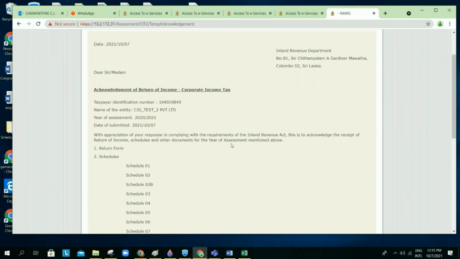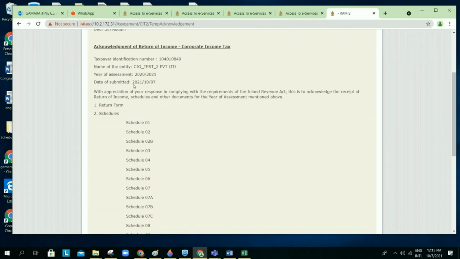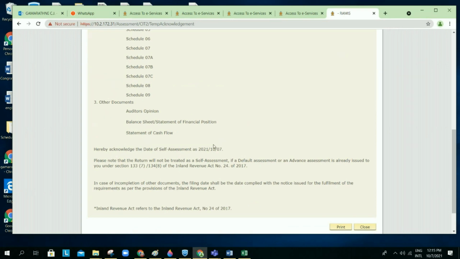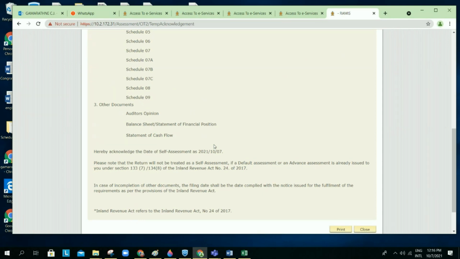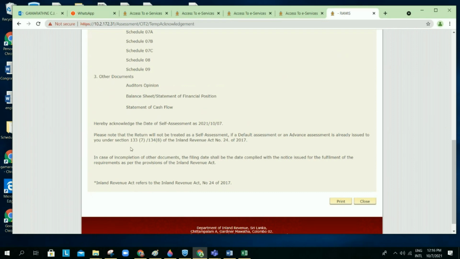What are the things you added, and what schedules, subschedules and other documents you uploaded? Everything is shown here, right? Auditor's opinion and balance sheet. Likewise, everything is mentioned, and on this same document it is clearly mentioned on which date you completed the self-assessment submission, right?